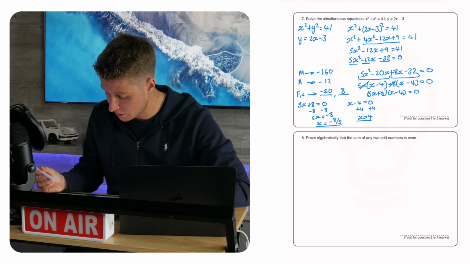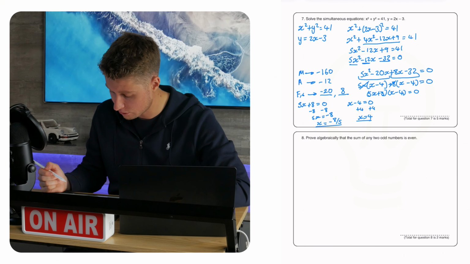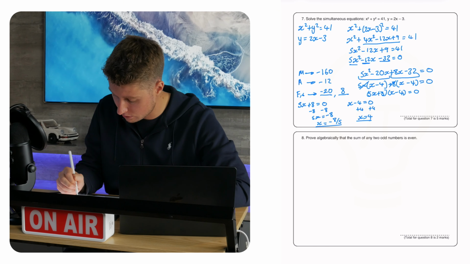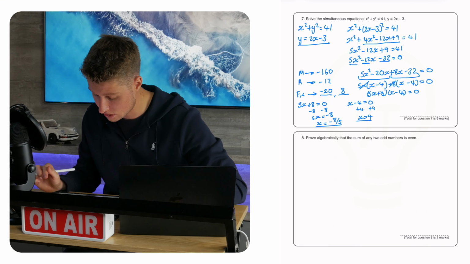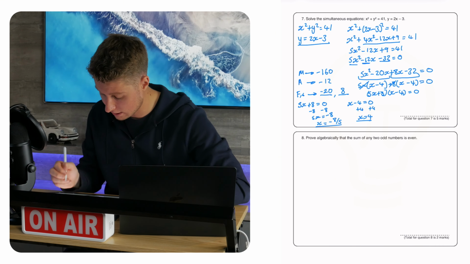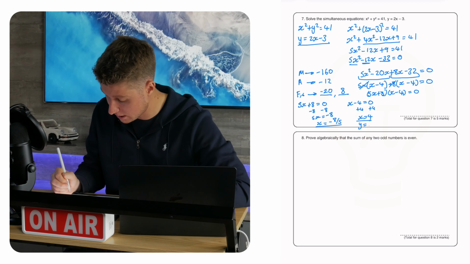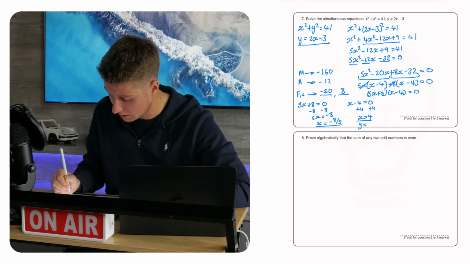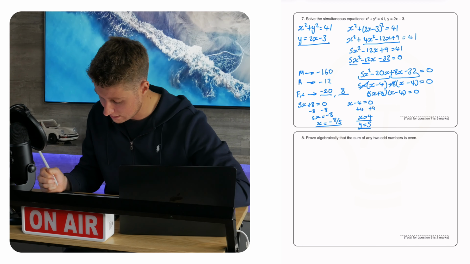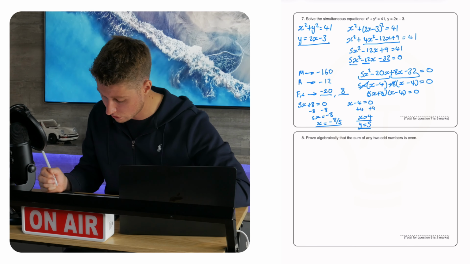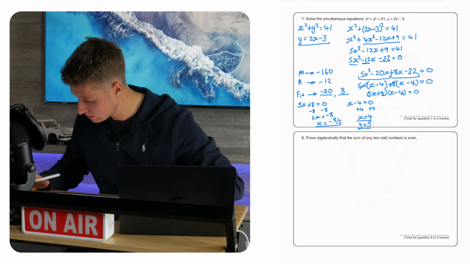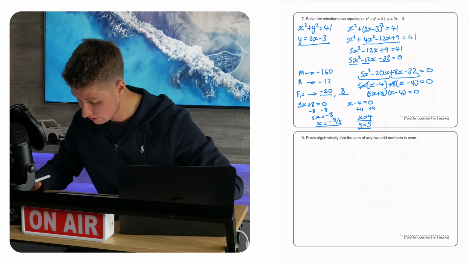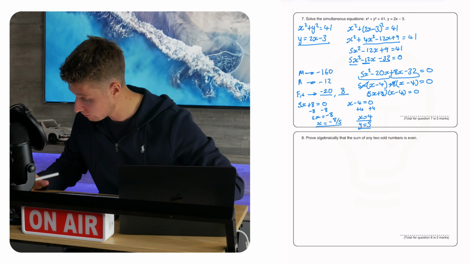We need our corresponding y values, so we're going to substitute in these two values to get our corresponding y's into equation 2. So if we do 2 times 4, that gives us 8, subtract 3, that gives us 5. So the corresponding y value for x equals 4 is y equals 5. And our corresponding y value for x equal to negative 8 over 5: 2 times negative 8 over 5, subtract 3.